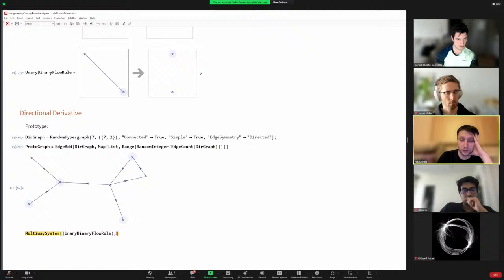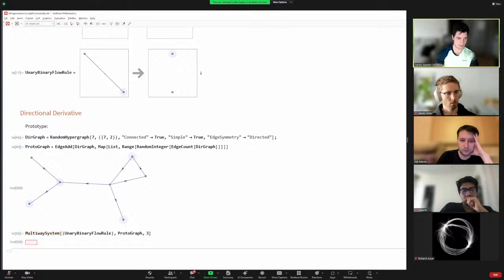Then the graph and then the number of steps, right? So let's do maybe 3 steps.